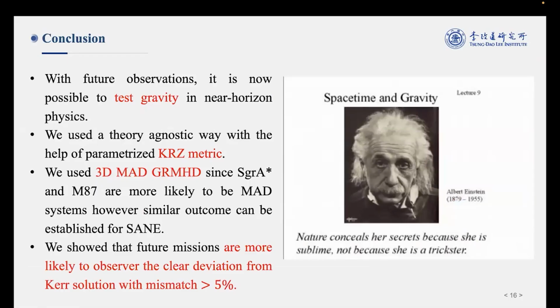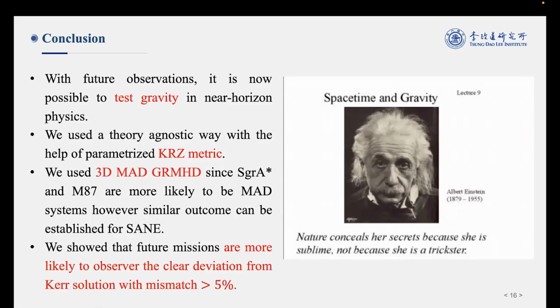Okay, so for conclusion, this is the first time we can test theory of gravity very close to this black hole. And we took the advantage of this by performing the 3D GRMHD simulation with the KRG metric and newly built torus solution.